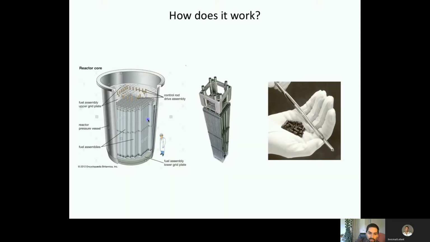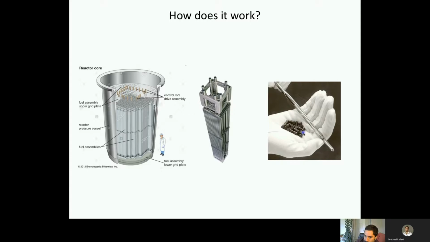The real ones look a little bit like this. So we have every square thing here is called a fuel assembly. This is one fuel assembly. Every fuel assembly has 17 by 17 tubes. These tubes are made of a special metal. Inside of them, they contain the uranium.